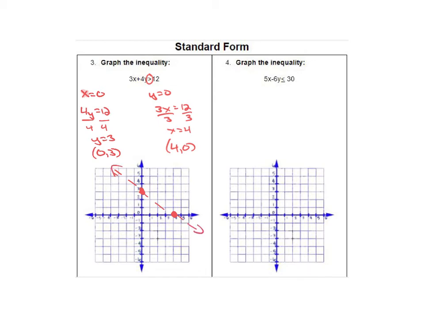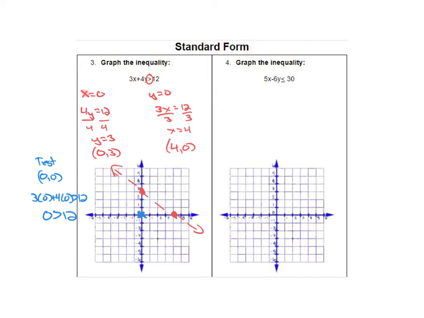Okay, now the only thing we have to do here off to the side is pick out that test point. I'm going to pick, again, the test point as 0, 0. So if we test out 0, 0, when you plug in, basically 3 times 0 plus 4 times 0, is that greater than 12? So 0 is 12.